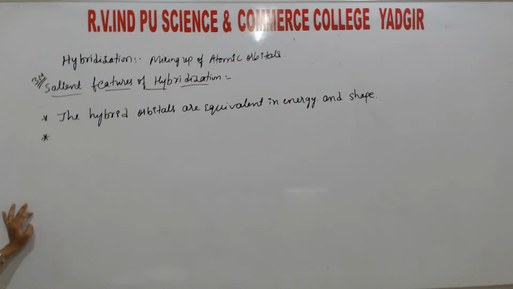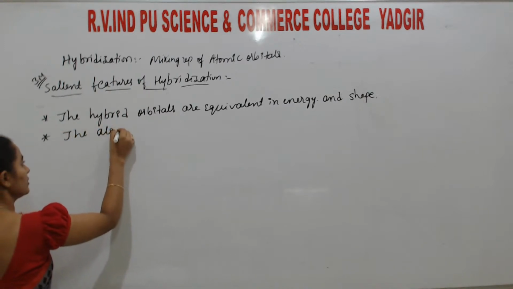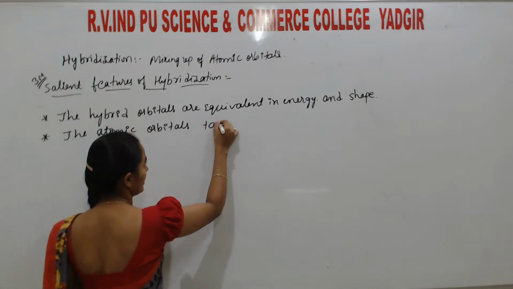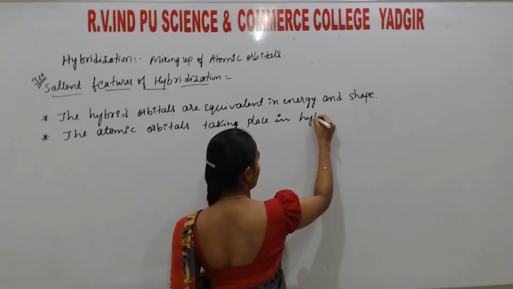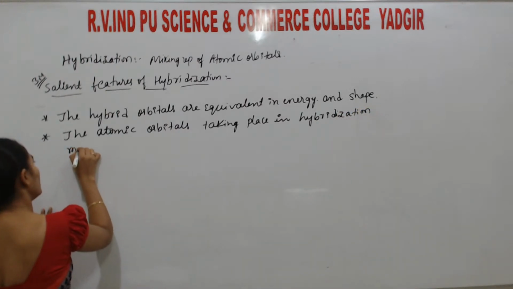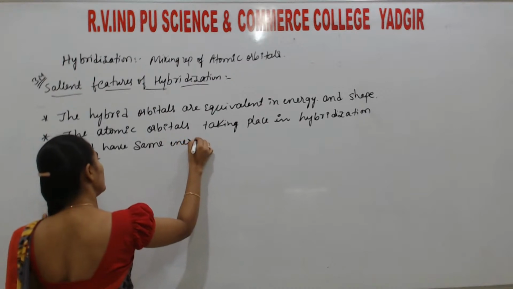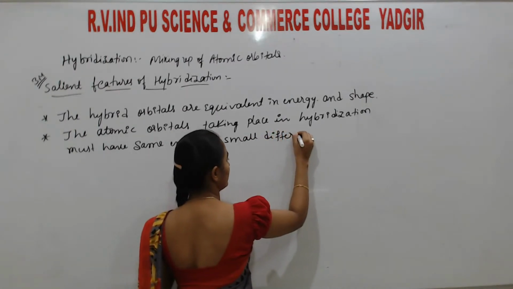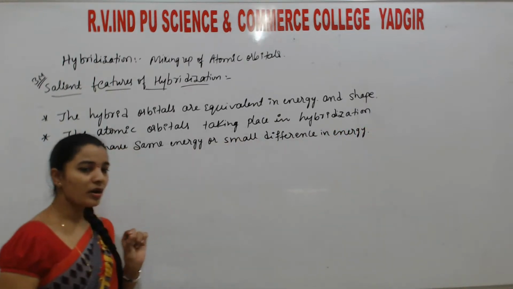The second point is the atomic orbitals taking part in hybridization must have the same energy or a small difference in energy.